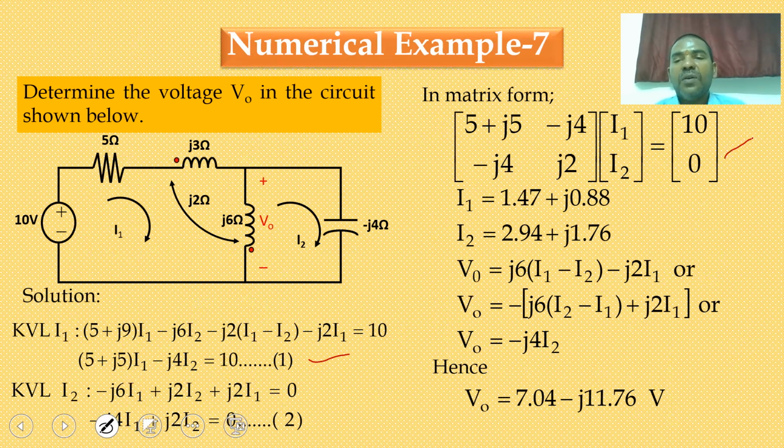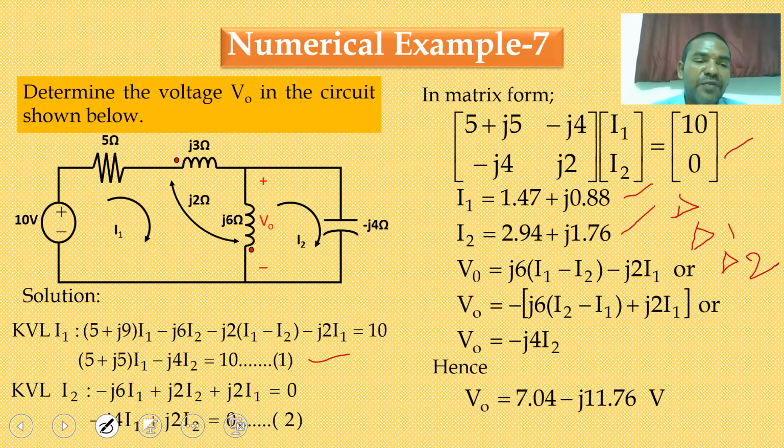So finally go for delta, delta 1, delta 2 determinants, then calculate I1 as delta 1 by delta, I2 as delta 2 by delta, you can get the current values. So now what is V0? You have to find the value of V0. The V0 value is the voltage drop across j6 ohms.